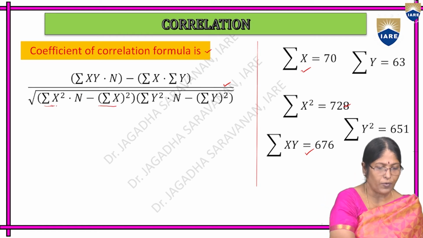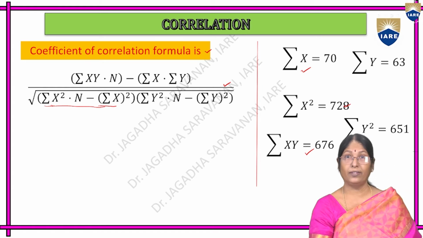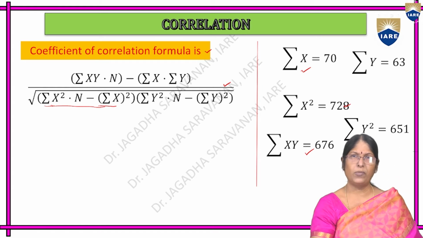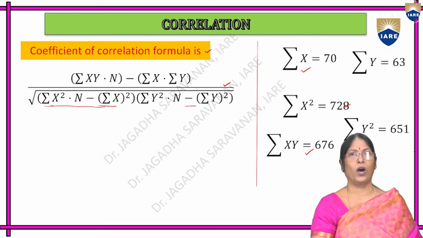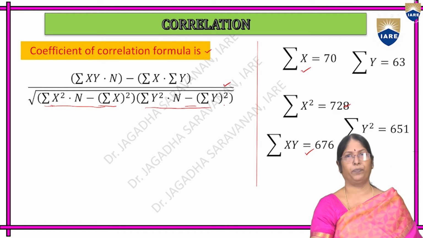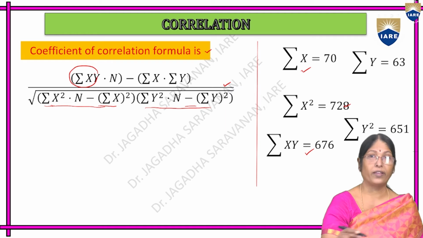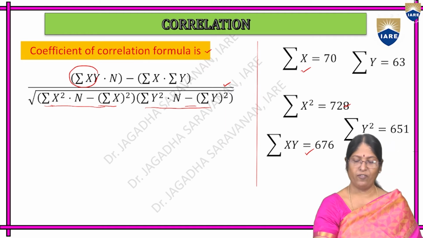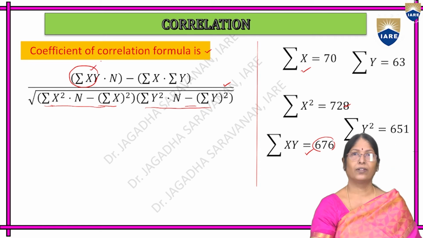What we have done for the variable x, the similar step or treatment we have given to the other variable y. Now, our summation xy is there. We can pick up this value to be substituted in this particular place.